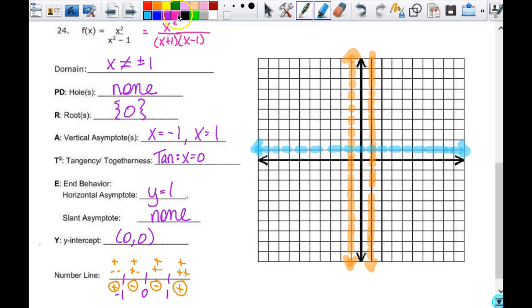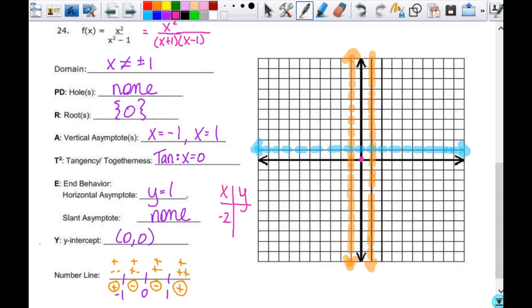Then I come over and plot any points that I have. I have a root at 0, and my y-intercept is at 0, and that's all I got. So I need some other points. I always like to do the one right on the other side of my asymptotes if I can. So x, y, and then I'll try a negative 2.